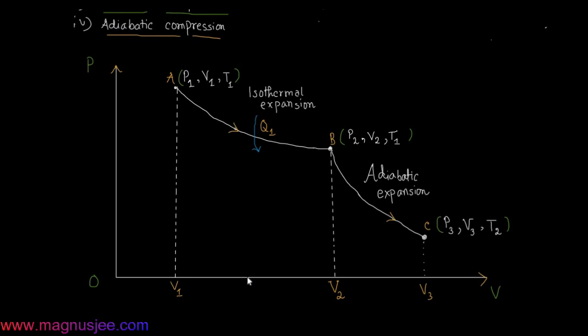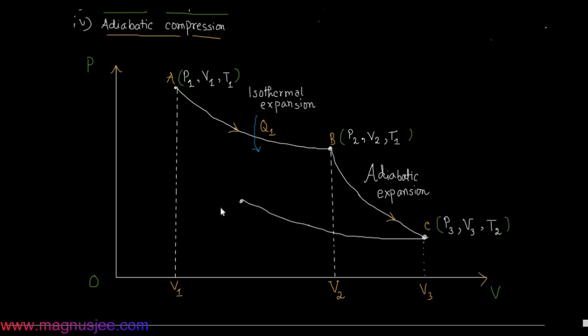And now we can denote isothermal compression from the point C to D in the graph. The gas will undergo isothermal compression from the point C to D. In this case, the state of the gas will change from the point C to D, in which pressure, volume and temperature of the gas will change from P3, V3, T2 to P4, V4, T2.